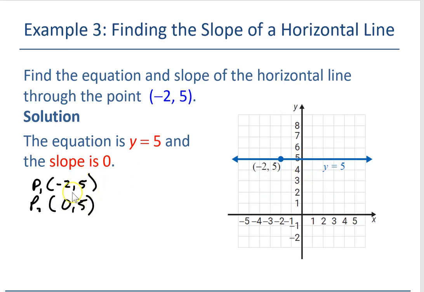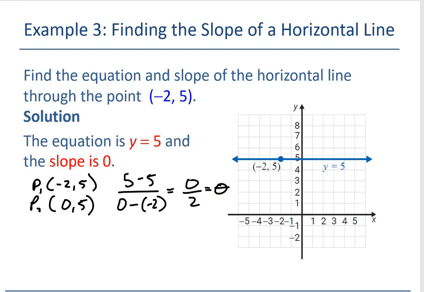Let's plug everything in. I've got 5 minus 5 all over 0 minus -2. That's going to be 0 over 2, which equals 0. So I have a slope of 0 here. That's where you're getting that from.